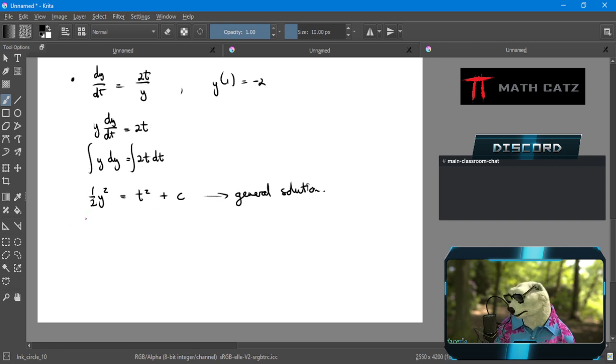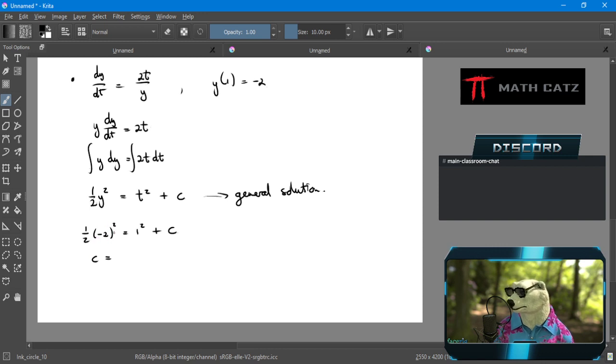Then I use the extra information that says when t is 1, y is -2. So I plug that in, -2 for y, 1 for t, and solve for c in the equation.